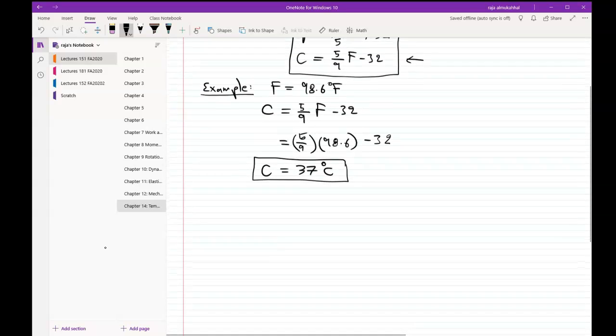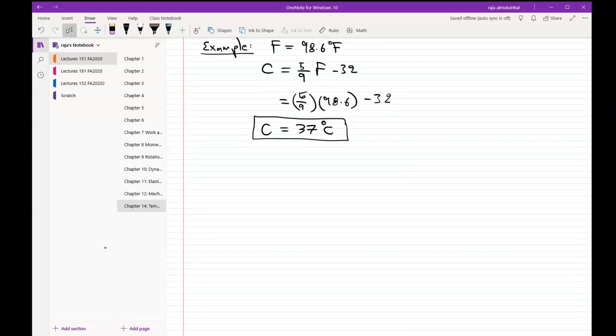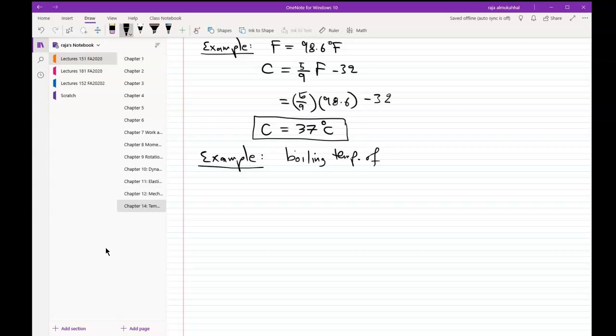Another example is, let's say, I know that the boiling temperature of water is 100 degrees Celsius, and what is it in Fahrenheit? And I am sure you know it's 212, so let's see if we get that.